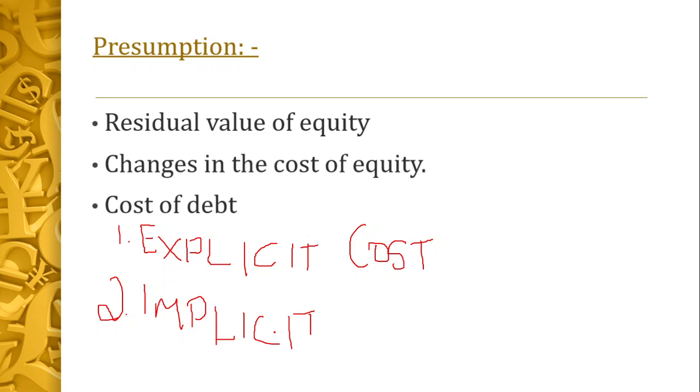Okay. Now, regarding this particular thing, you know what is implicit cost. And why are we speaking regarding implicit cost here? Now, the NOI approach, along with all its assumptions, tells that the cost of debt has been specifically mentioned. It simply means there are not going to be any changes in it.